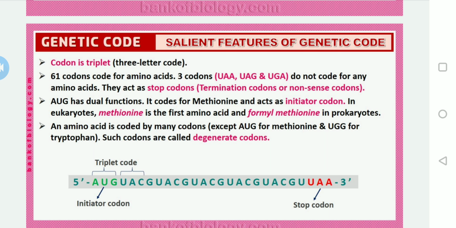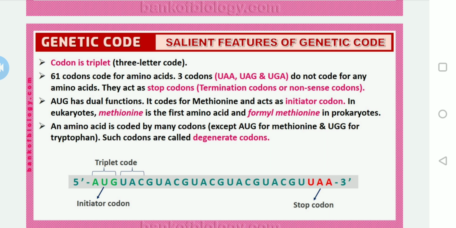Out of these 64, 61 codons code for amino acids. The remaining 3 codons are terminator codons. Why? Because UAA, UAG and UGA do not code for any amino acids, so they act as stop codons.